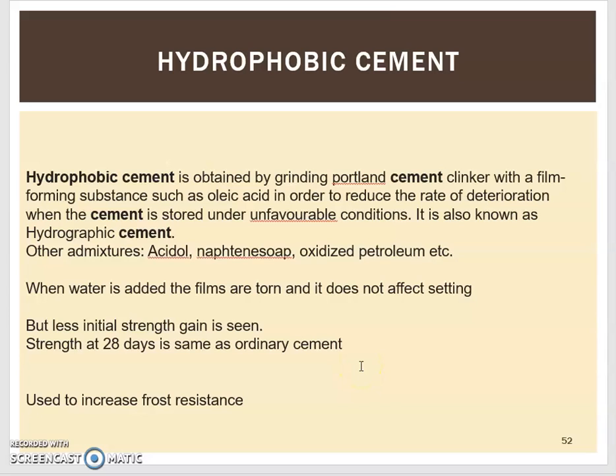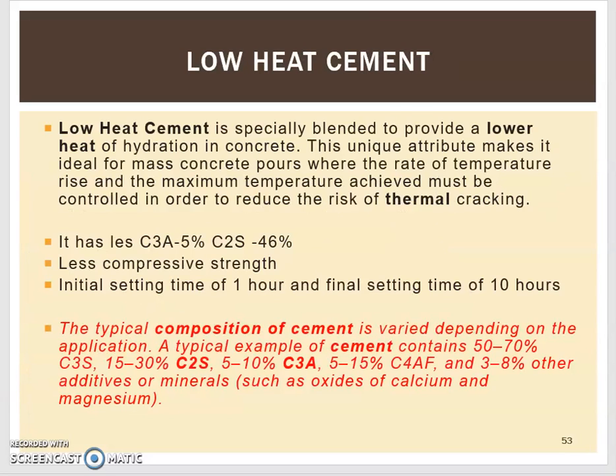When hydrophobic cement is used, fine pores in concrete are uniformly distributed, and thus the frost resistance and water resistance of such concrete is considerably increased. Then the next type of cement is low heat cement. As the name suggests, it has low heat of hydration, and that's why it is ideal for mass concrete.